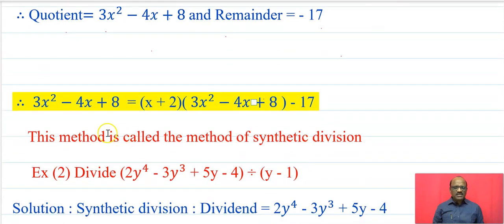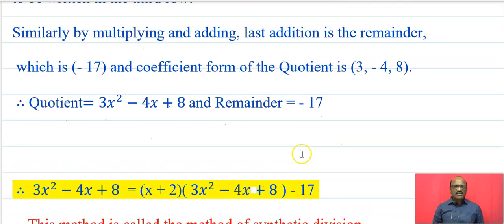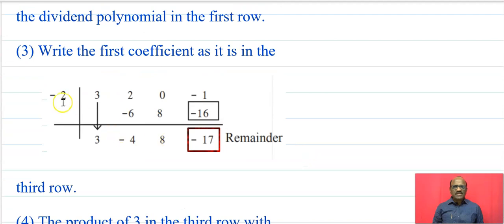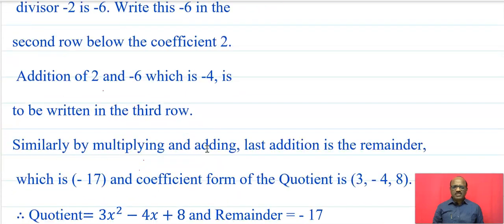This method is called the method of synthetic division. It's very simple. These are the coefficients of the quotient and this is the remainder.